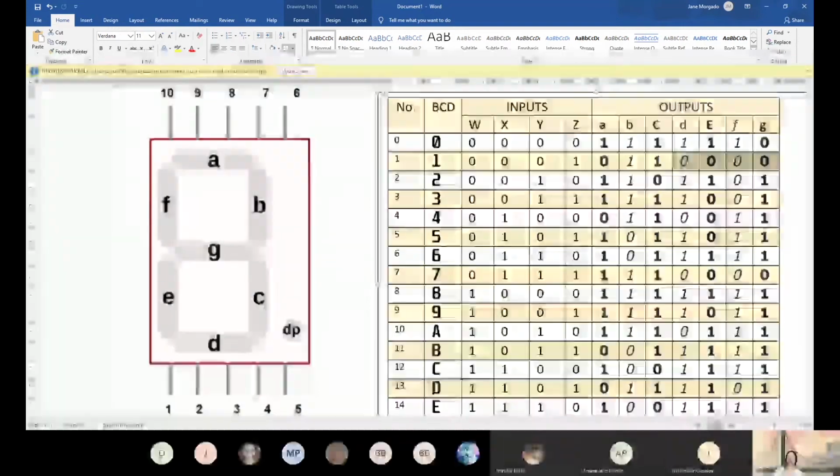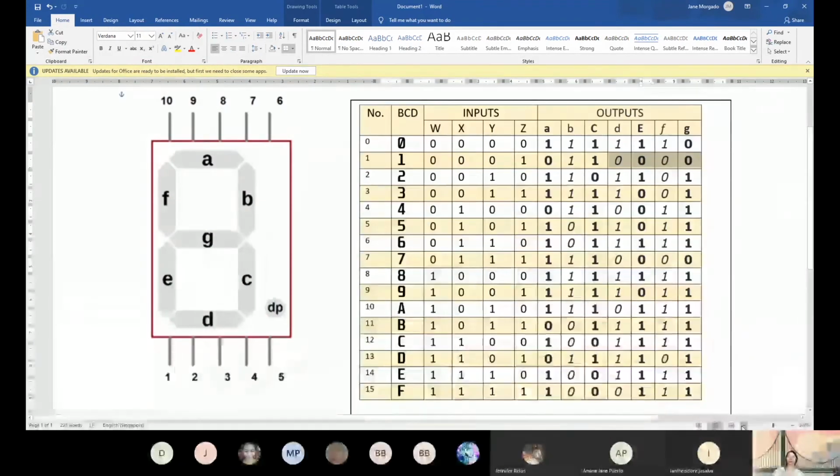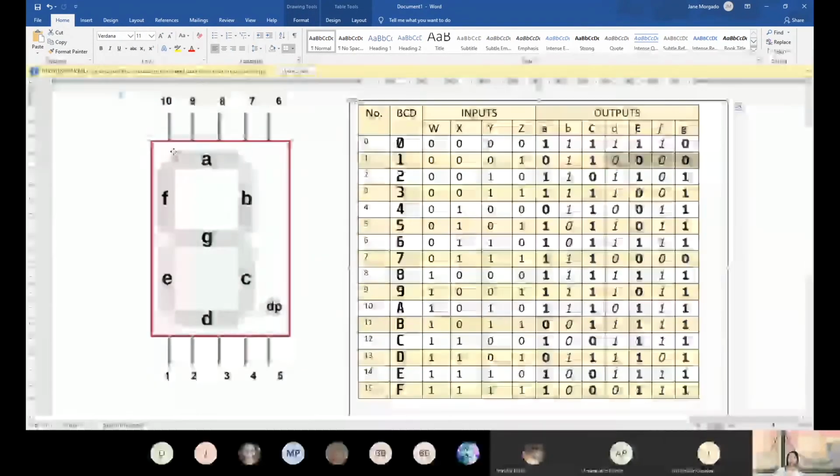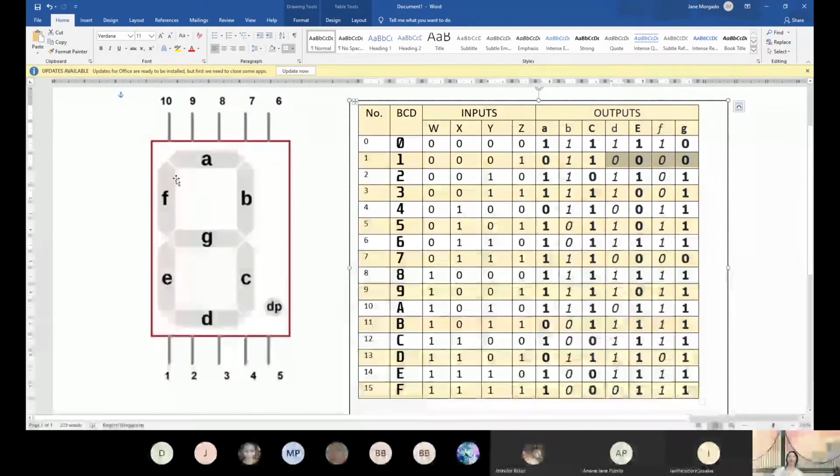Series parallel LED. Tama ba? Hello, class? Nag-series parallel LED kayo? Were you able to do a circuit using LED? Class? Yes, ma'am. Okay. So, yung LED, just like a battery, it has positive and negative. Okay? So, positive to positive, negative to negative. So, what will happen to LED? It will light up. Okay?